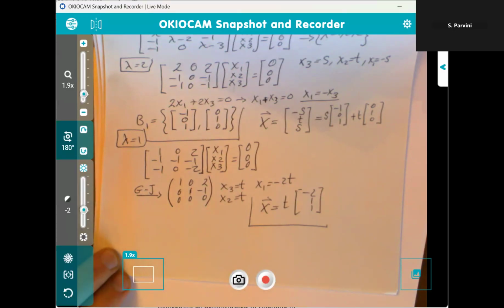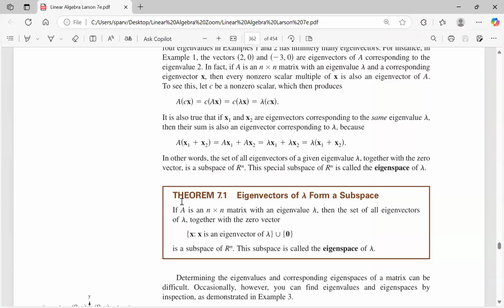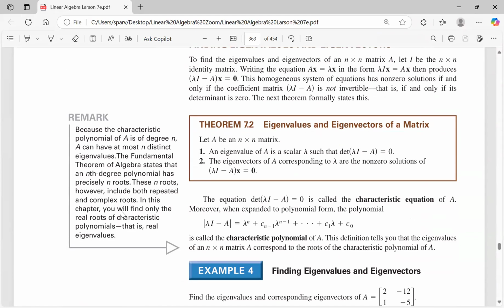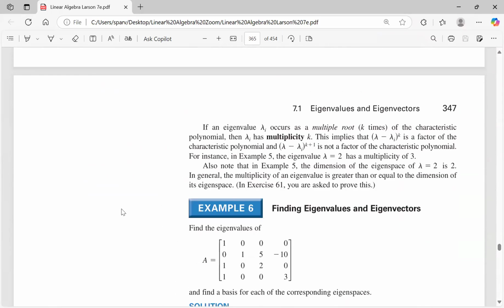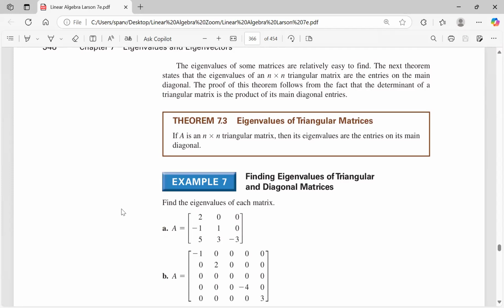Okay, let me change my share with you. I'm going to share the page of the book. What we would like to do next is, so we talked about eigenvalues and eigenvectors.